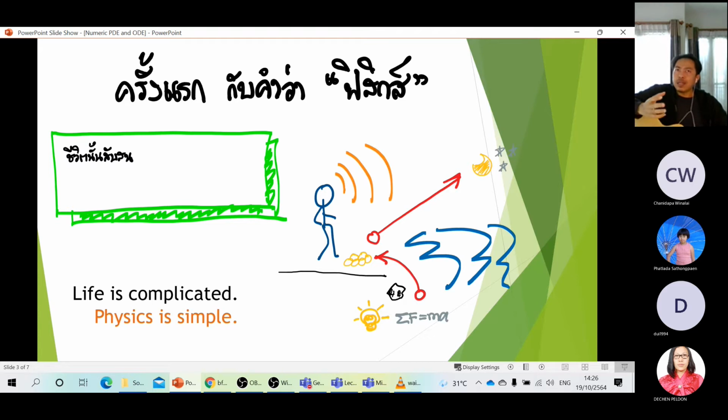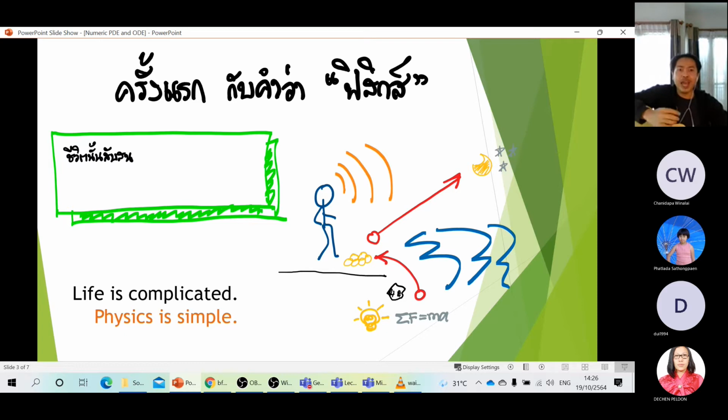And you see that the universe is then encompassed by a single equation. That means that physics is simple compared to life, because you only have one equation that explains all of the universe around you. Of course, as you go on in physics, you know that there are also other kinds of things.